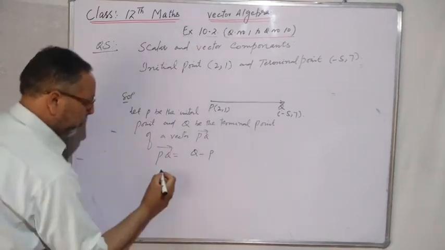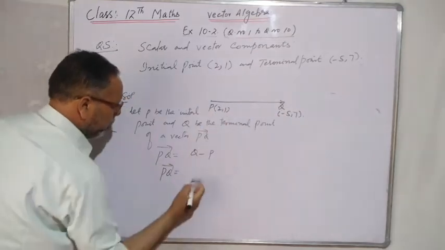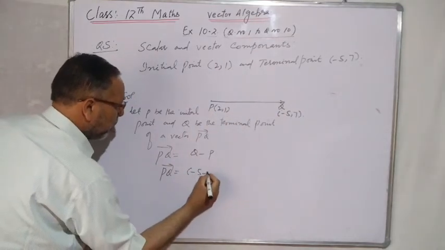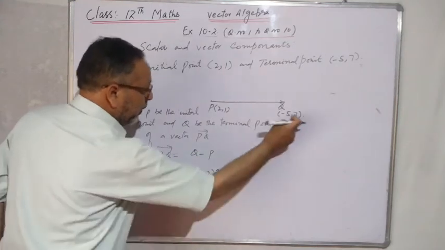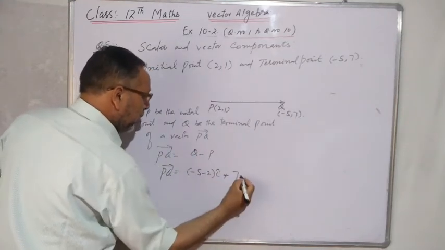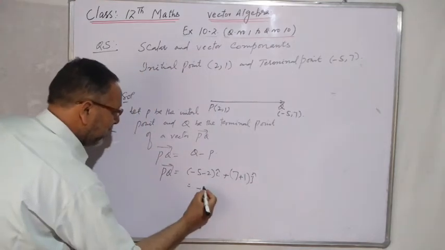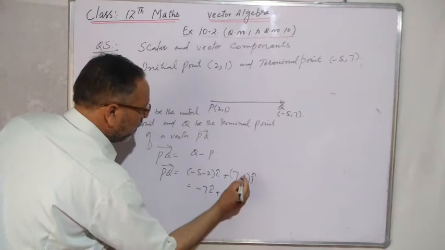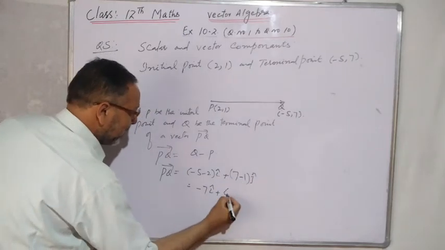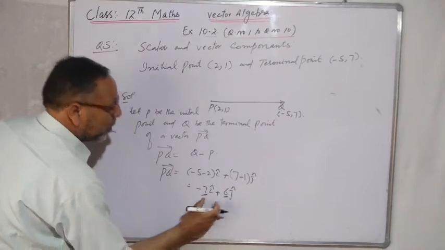That means vector PQ is equal to minus 5 minus 2, I cap plus 7 minus 1, j cap. So it is minus 7 I cap plus 6 j cap. So this minus 7 and 6, these are the scalar components.